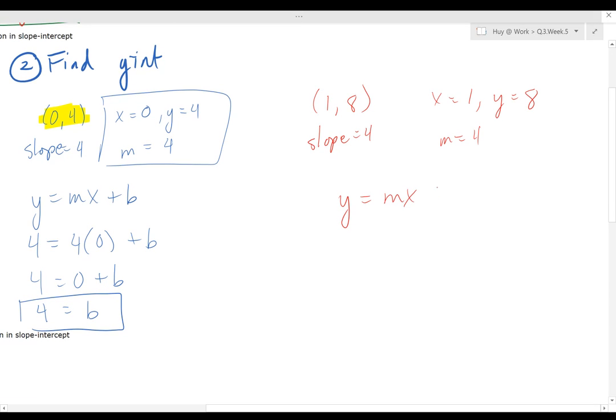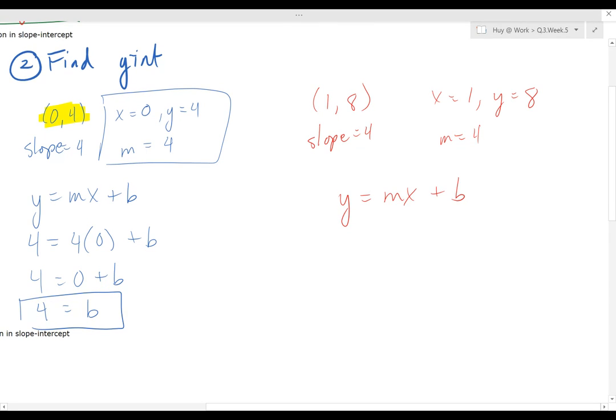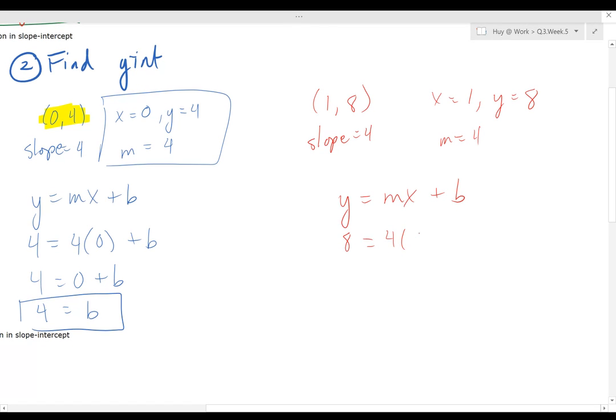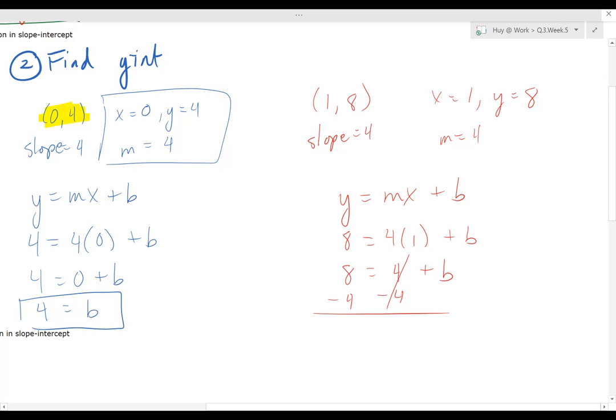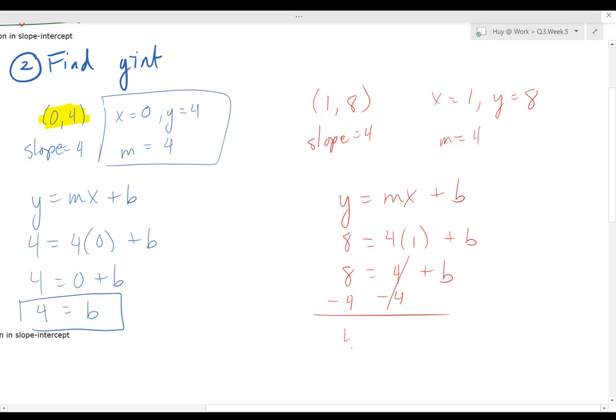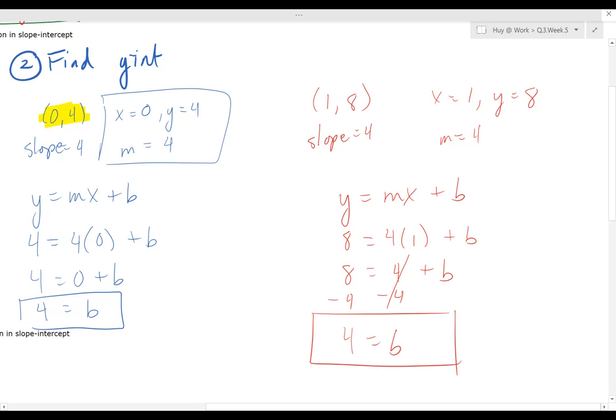Y equals mx plus b. Y is 8, m is 4 and x is 1, plus b. 8 equals 4 times 1, 4. Subtract 4 on both sides, so that cancels out, and 8 minus 4 is 4 equals b. You can see that the y-intercept is exactly the same.